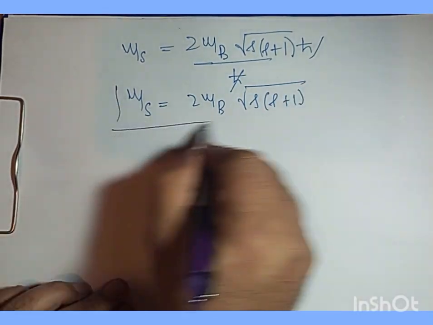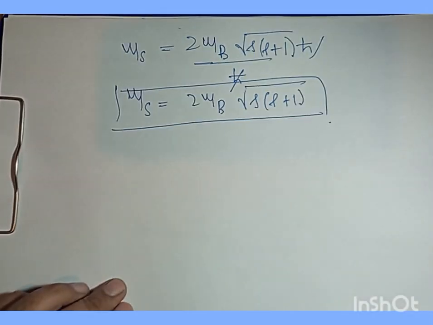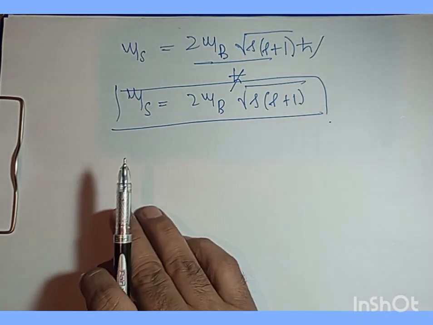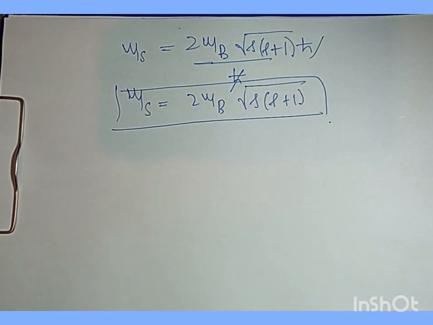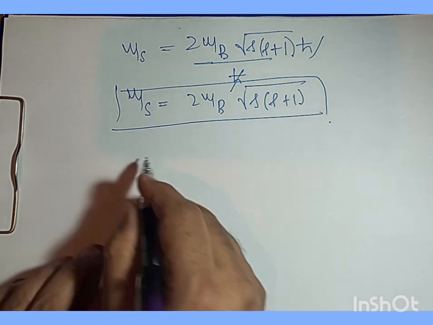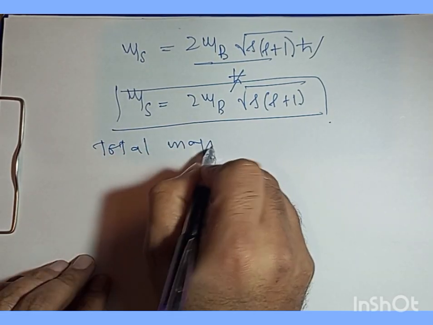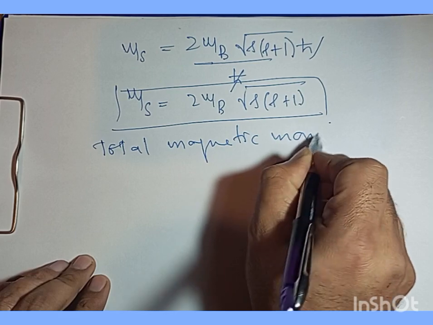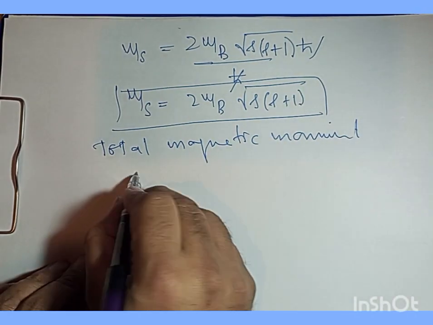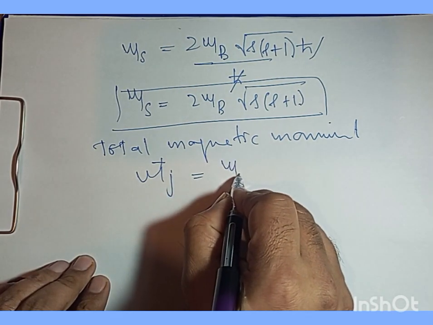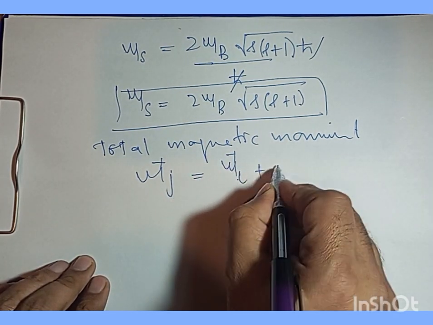The magnitude of the spin magnetic moment is given by this relation, and we have already obtained the magnitude of the orbital magnetic moment. And so we will have the total magnetic moment. What will that be? That will be mu J, equal to mu L plus mu S.